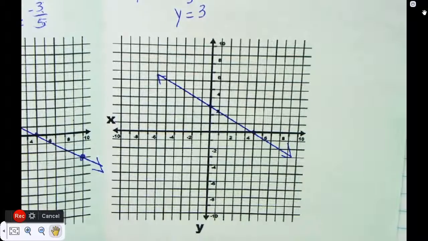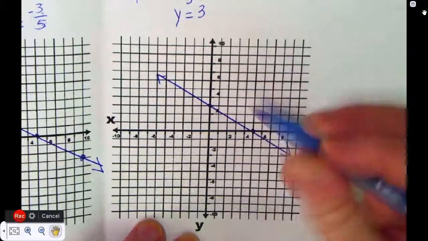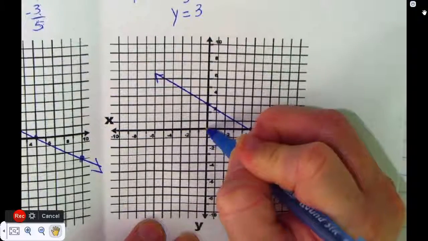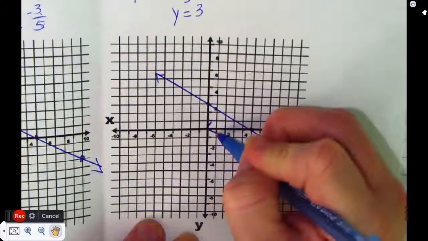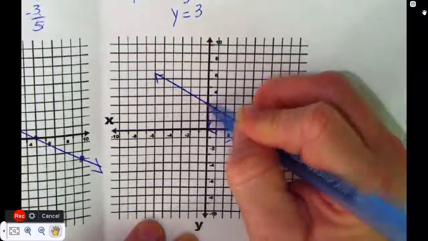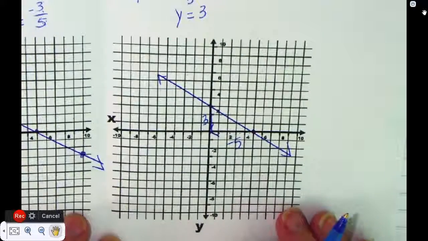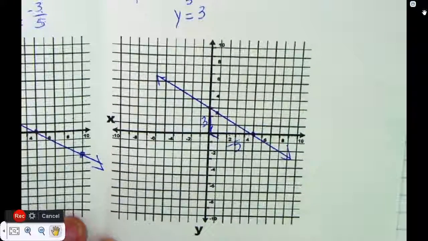And we're about to check to see if they are. Okay, we're going to go over how many? 1, 2, 3, 4, 5. That's -5. Up 3. Is that what the slope is over there on that one? -3/5.